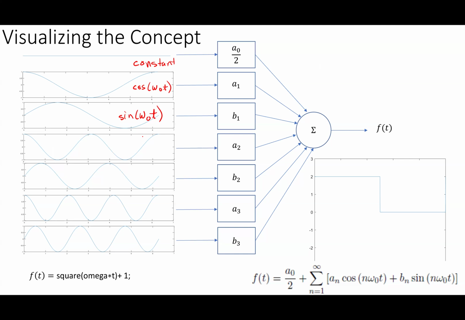3 times, right? So if I look at the top one, and I look at this one, both of those are cosines, right? So from here to here, this guy repeats once. This guy repeats 1, 2, 3 times.